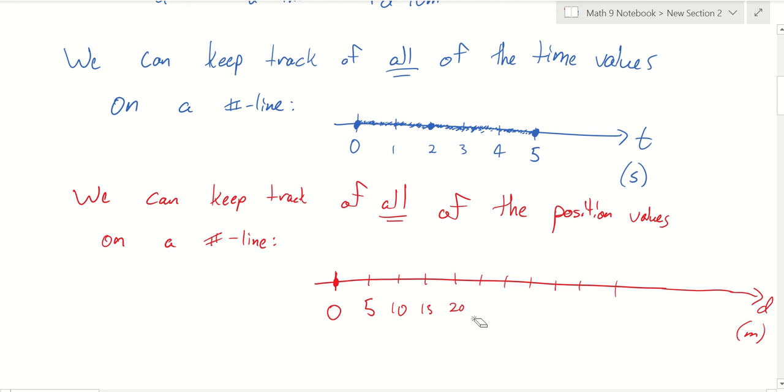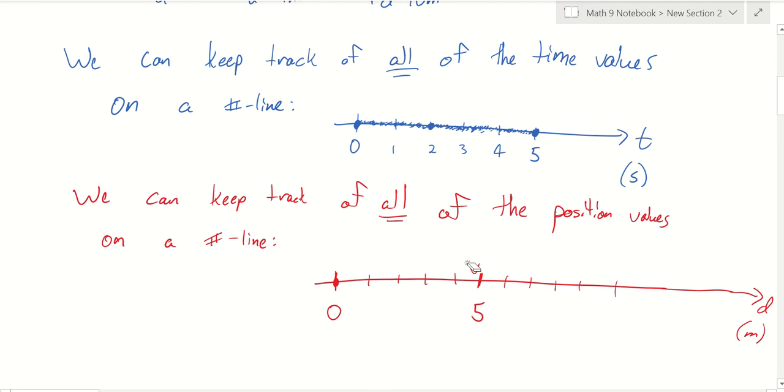But in this example, we're just going to go up by ones. So it's clear that every jump to a new tick mark represents 1 meter, because it takes 5 tick marks to go 5 meters.